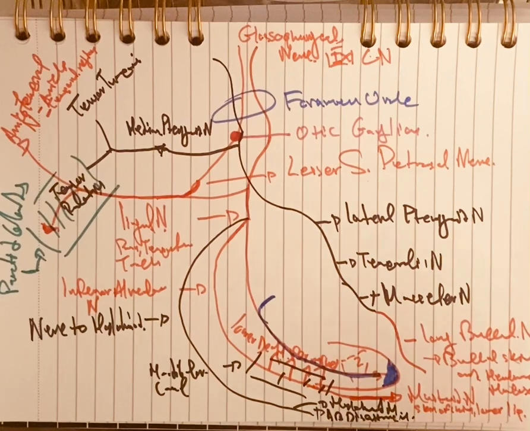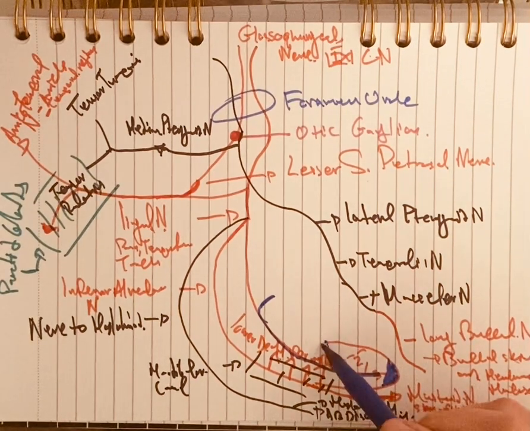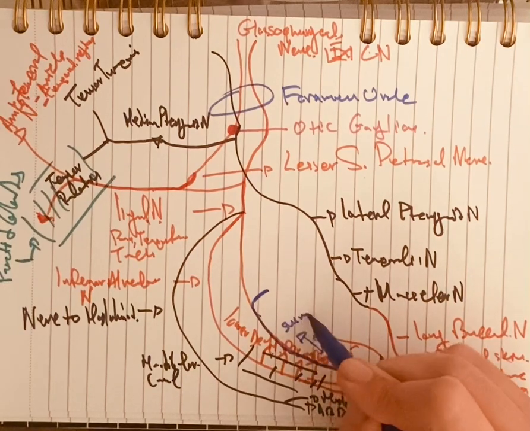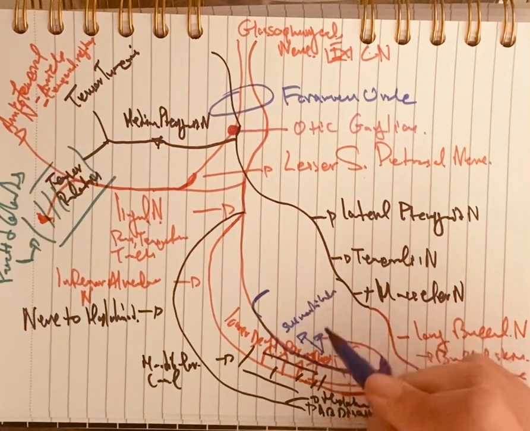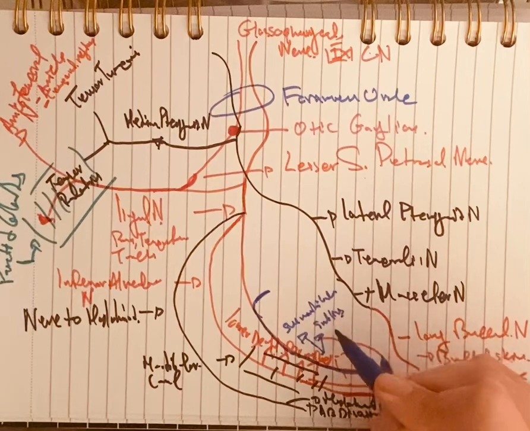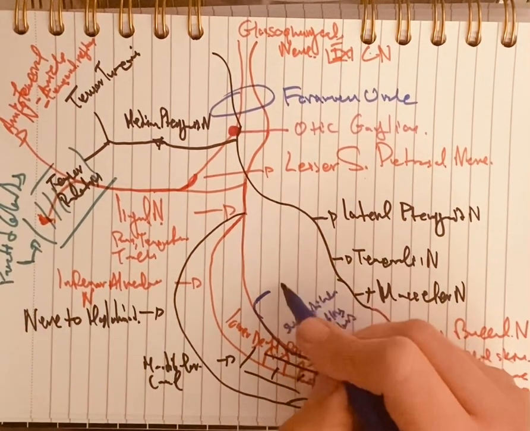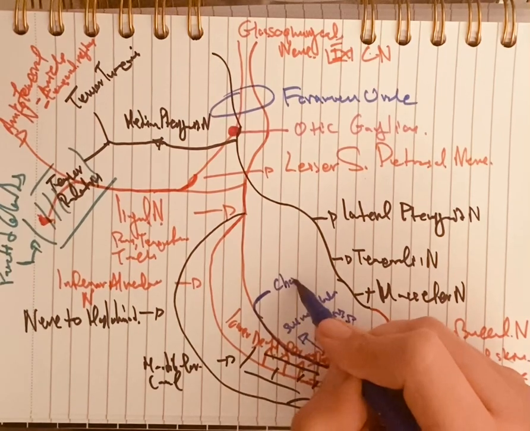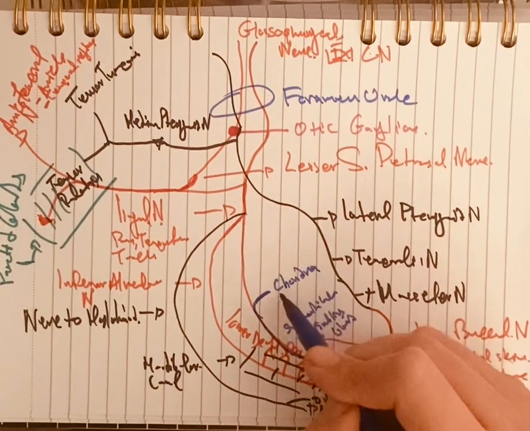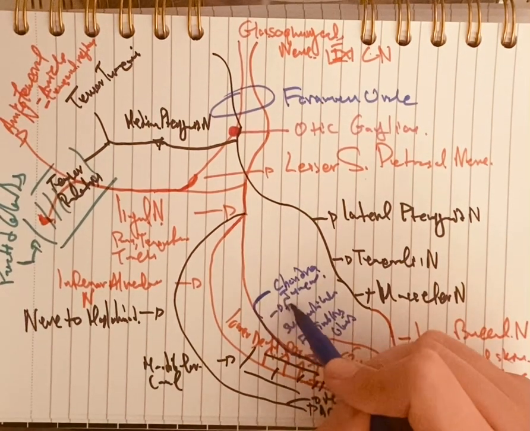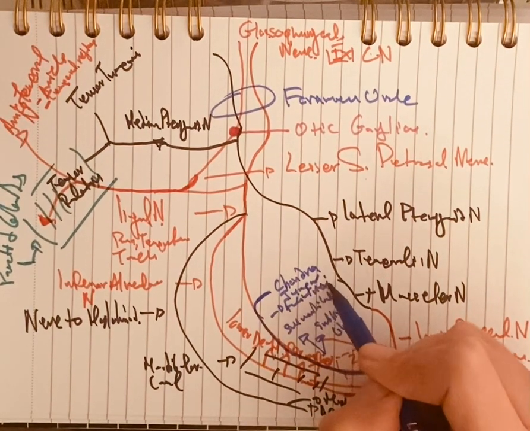Okay, and innervates the submandibular and sublingual glands. This is called chorda tympani and comes from the facial nerve.